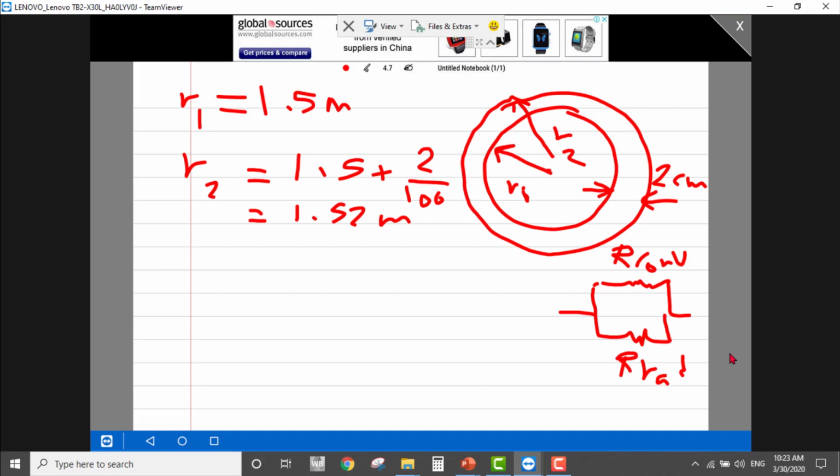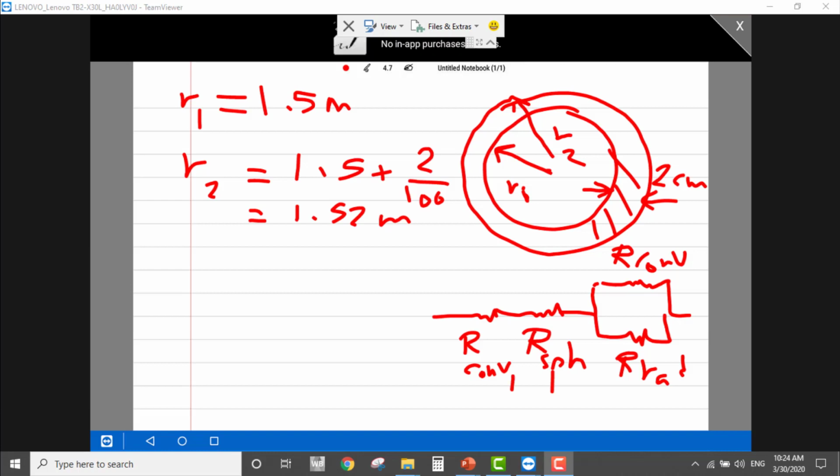So this is R for the spherical. Then we have R convection inside. Let us name it 1 and this is 2.